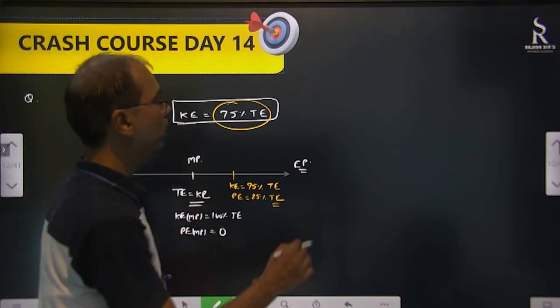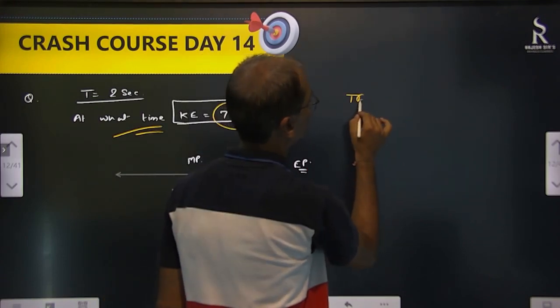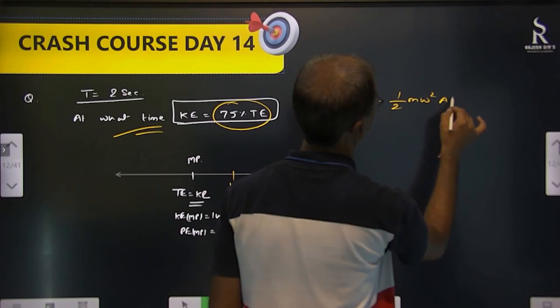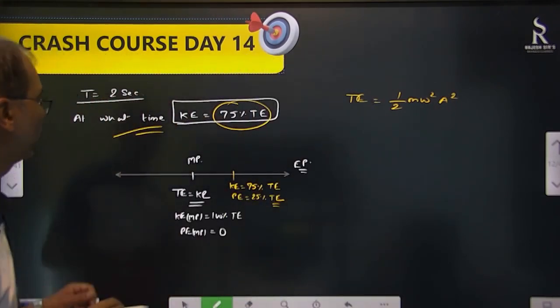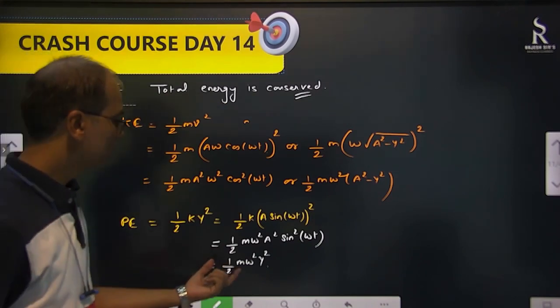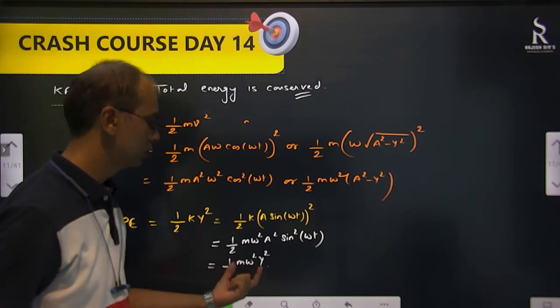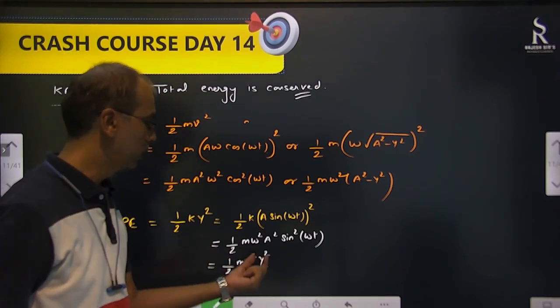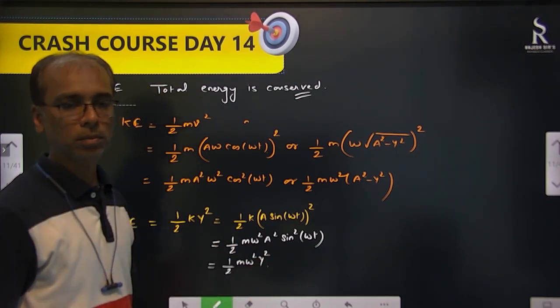Okay, what is total energy? Total energy is half m omega square a square. From where this formula came, I didn't discuss this with you. Okay, let's see. This is potential energy. When will it be maximum? When y is maximum.